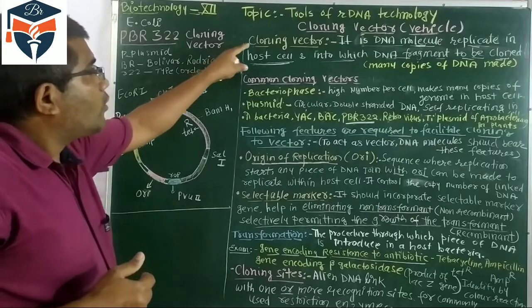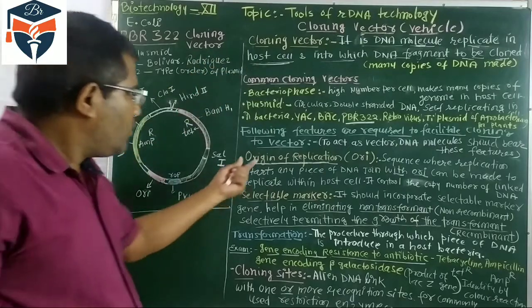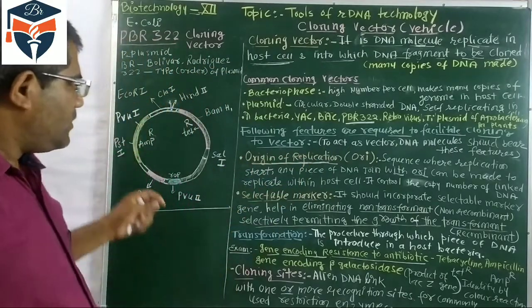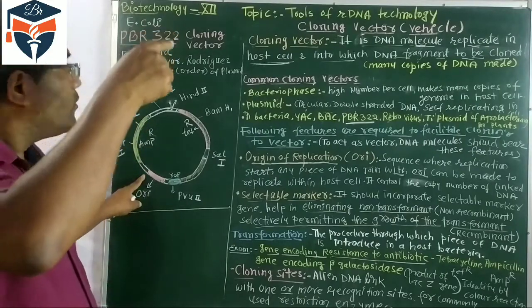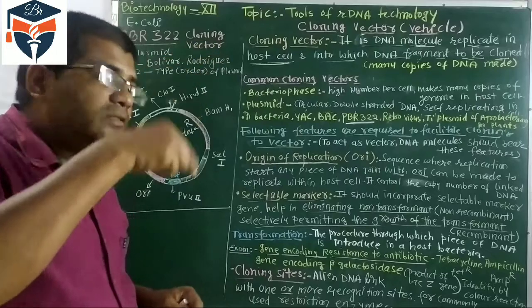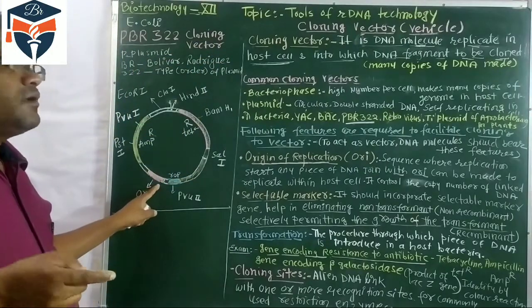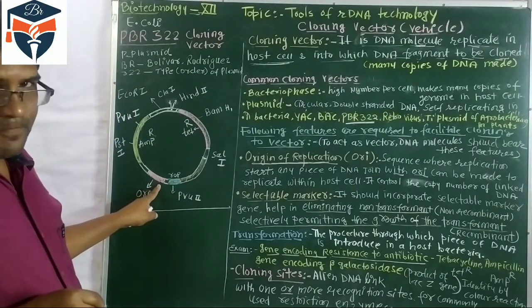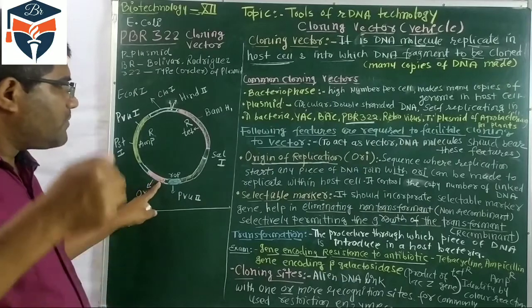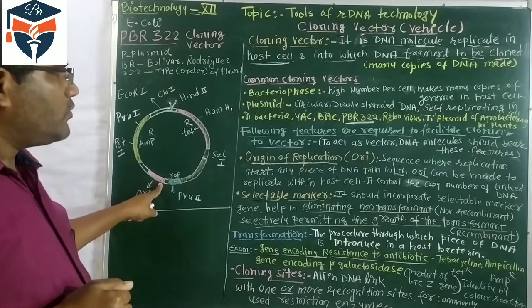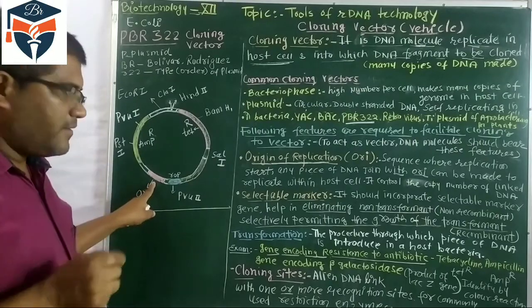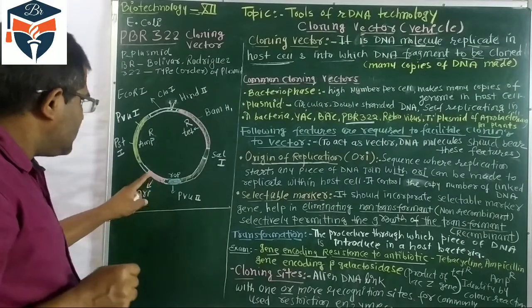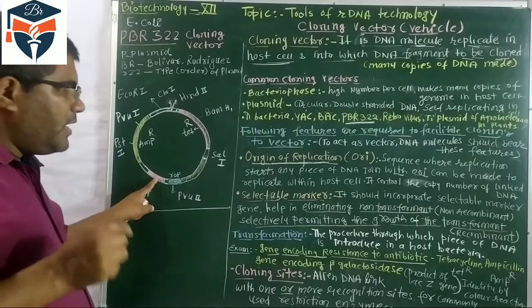Try to understand. The cloning vector should have an origin of replication. It means there is a sequence in the cloning vector where replication occurs. It is the point where replication occurs, so that is called the origin of replication. It is the sequence where replication starts.